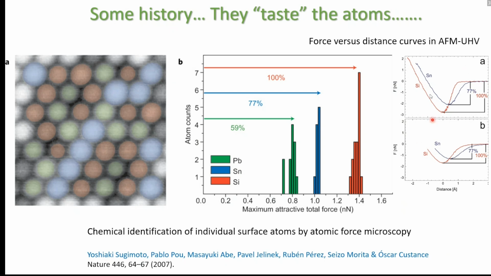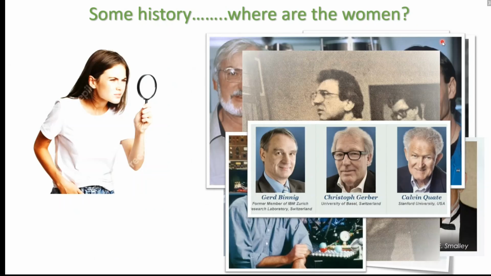The idea is that they perform these kinds of measurements, called force spectroscopy curves, in such a way that we can obtain a fingerprint of each atom when we perform this kind of curve. Well, this is the history of nanotechnology and the microscopy related with scanning force microscopy.